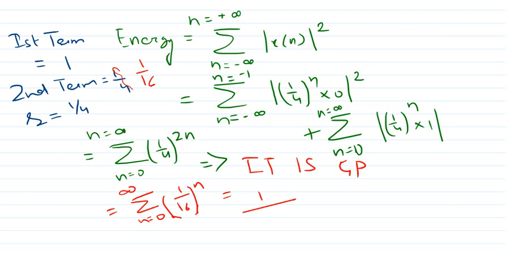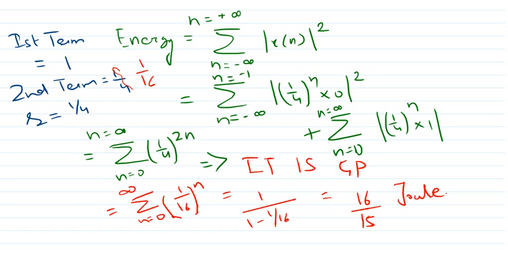So first term divided by 1 minus common ratio. What is the final energy we are getting? We are getting 16 divided by 15. So the energy is basically 16 divided by 15 joule. Sorry for the mistake.